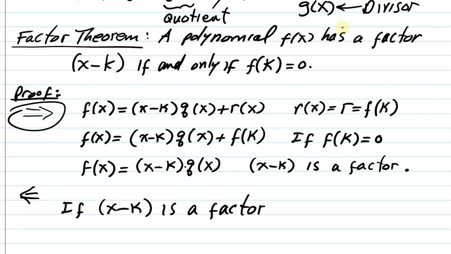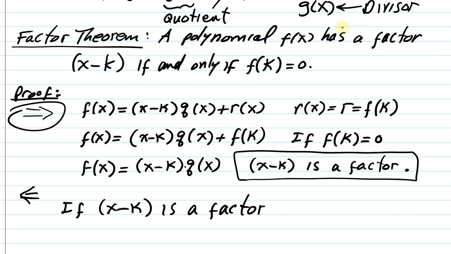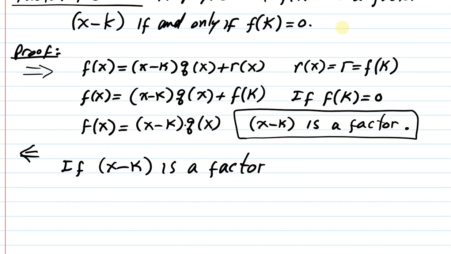Going in the first direction, we showed x minus k is a factor for a given condition. Now we want to show what happens if x minus k is a factor of f of x.